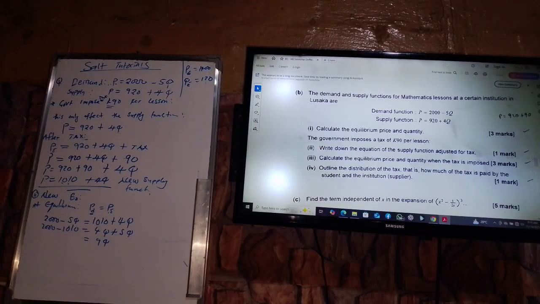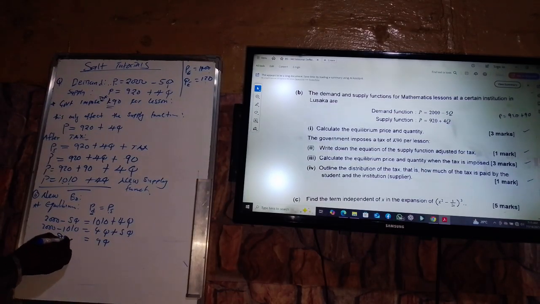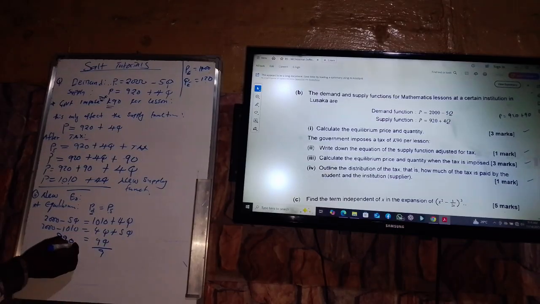So 2000 minus 1010 equals 4Q plus 5Q, which is 9Q. 2000 minus 1010 is 990, over 9.